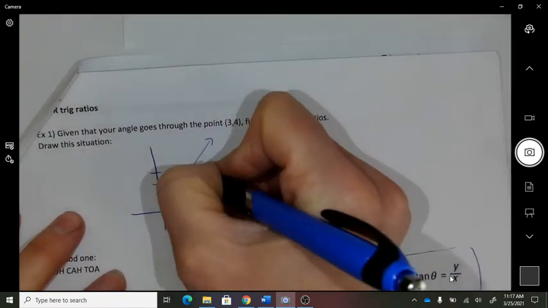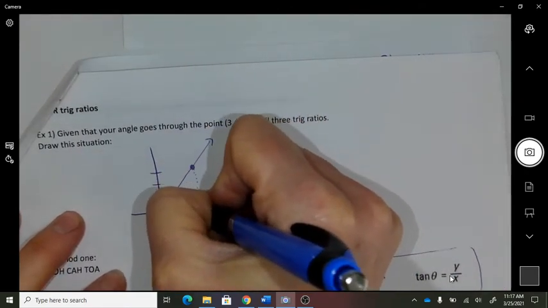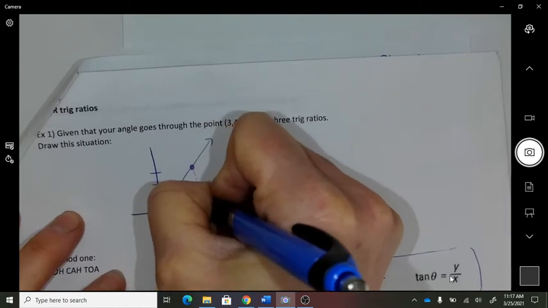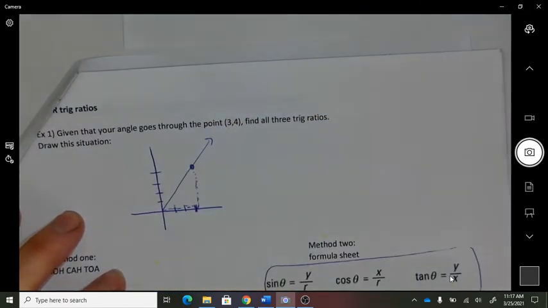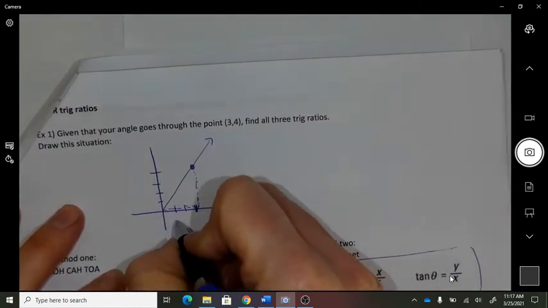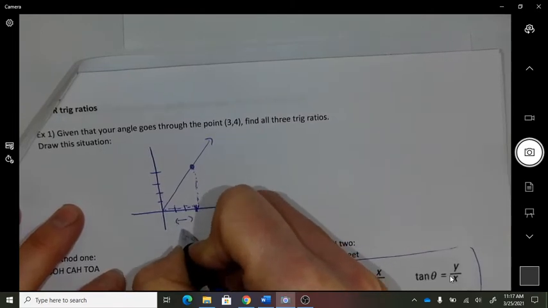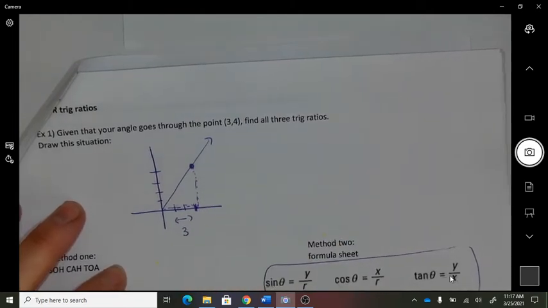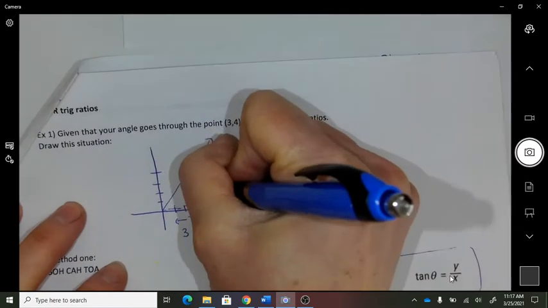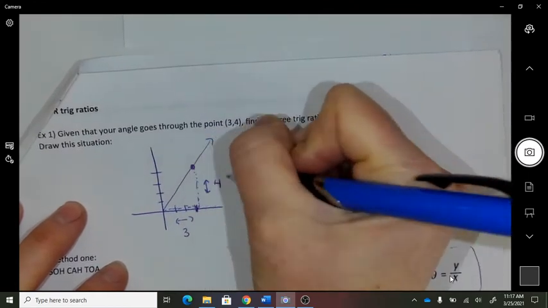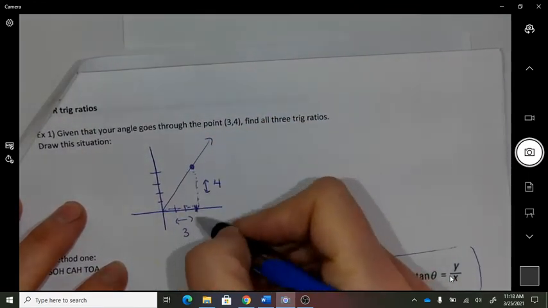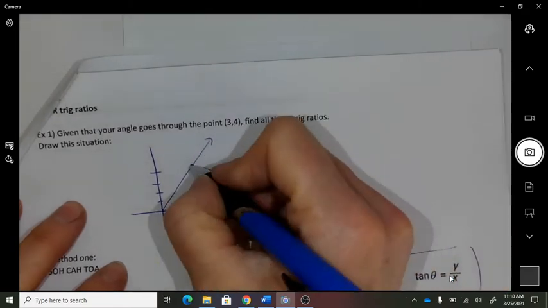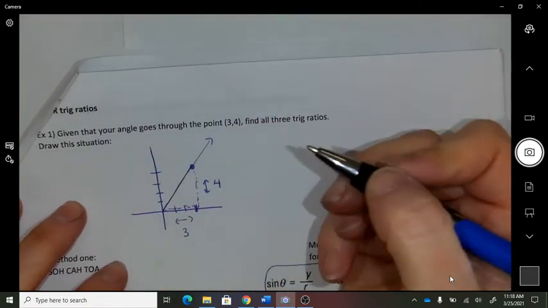So for me, I'm going to think that it makes a little right triangle. On this right triangle, this distance would be 3, because that's the x. This side of the triangle would be 4. Okay, and this is a right triangle, so this creates a hypotenuse.